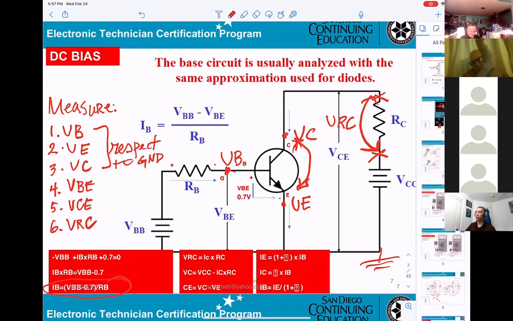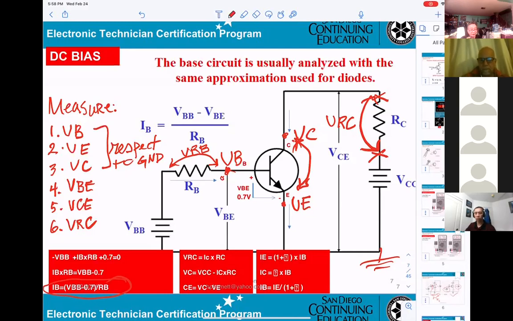Same thing. If I say I want to measure VRB, that means you measure across the resistance, VRB. One side goes to one side of the RB and the other goes to the other side.